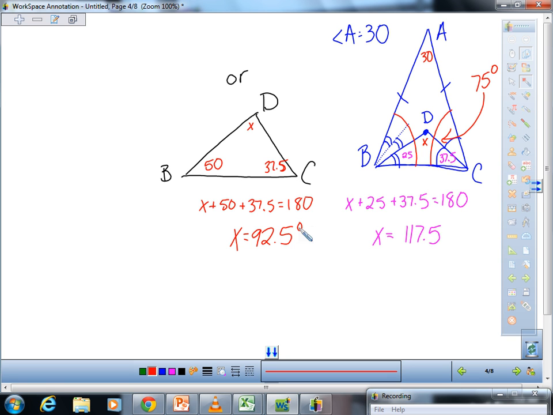The reason there are two answers is because of the ambiguity of the words. You guys know what that word means, ambiguity? It means the language provided there allowed two correct answers, because the problem wasn't specific enough, although it was a good problem.